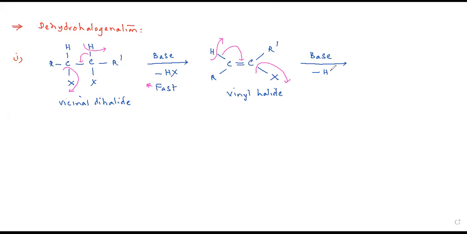Minus H. Hydrogen is going out without the bonded pair, halogen with the bonded pair. So H in the form of H plus, X in the form of X minus. But this is slow. Now, this will give us alkyne.